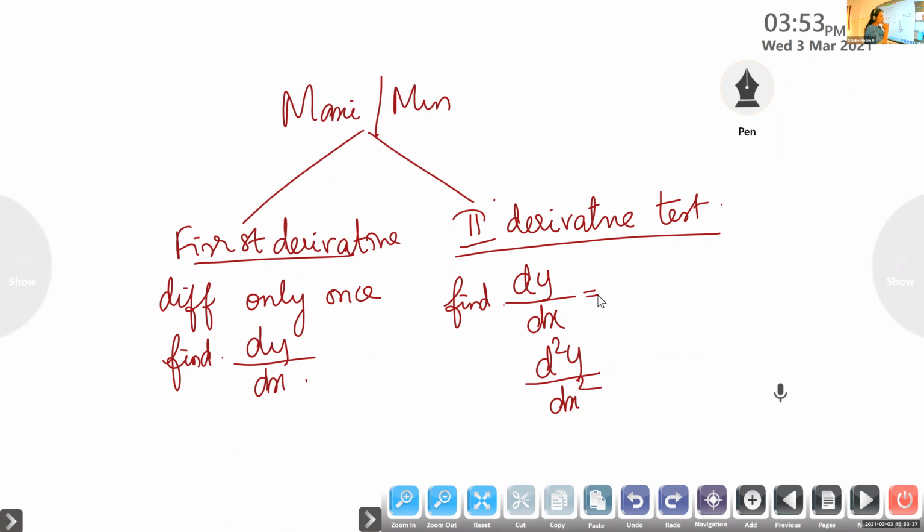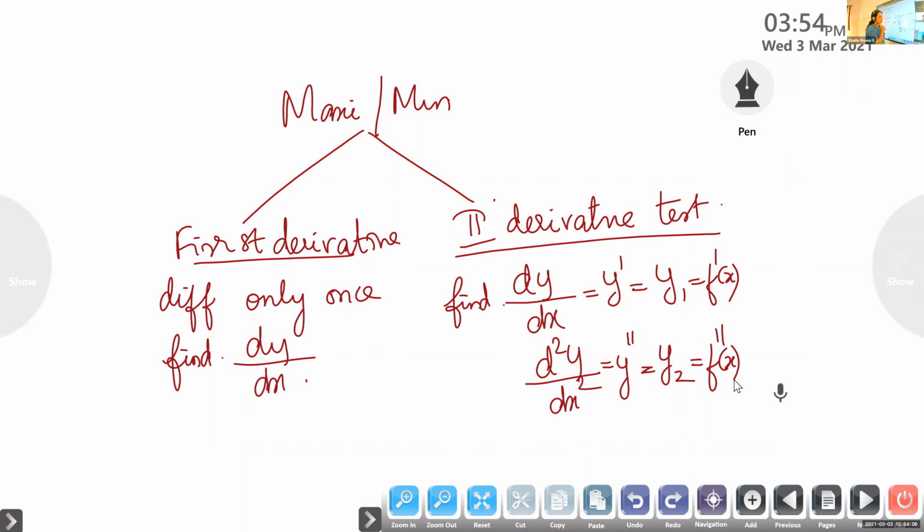It is y dash or y1 or f dash of x. Same way, the second order derivative is denoted as y double dash, or y2, or f double dash of x.